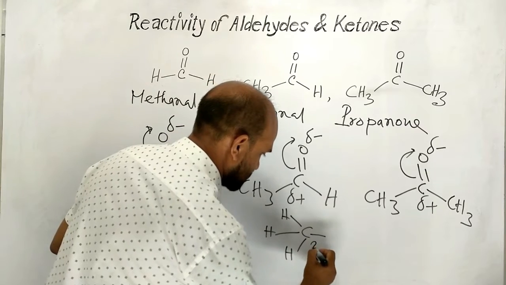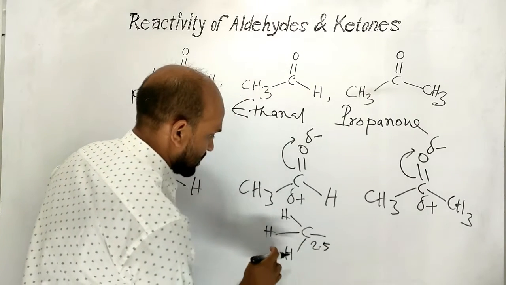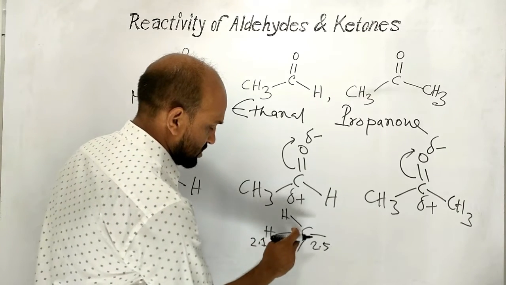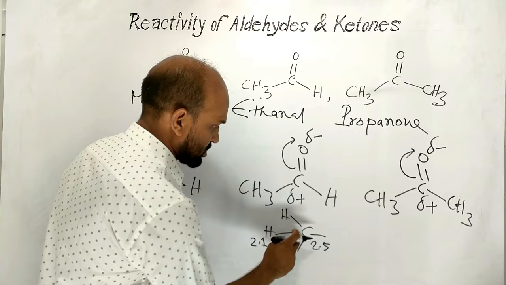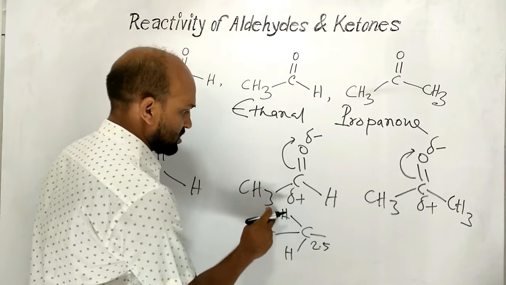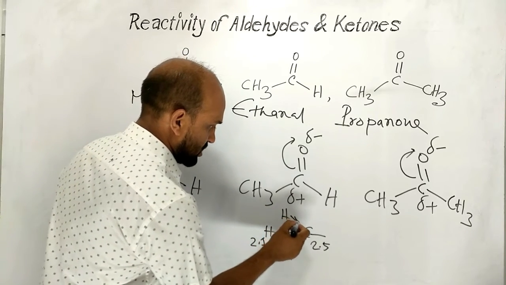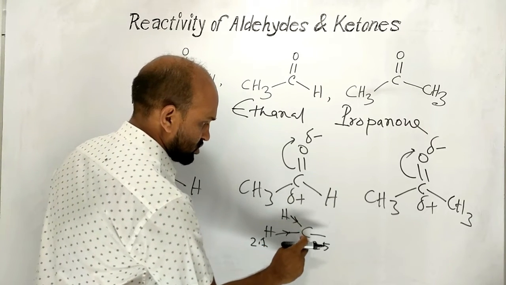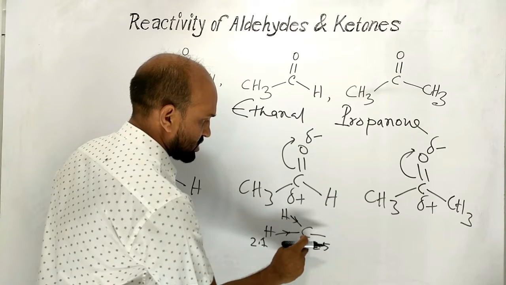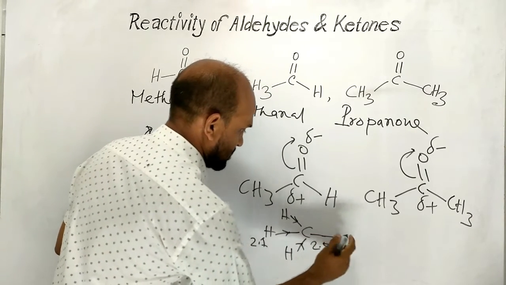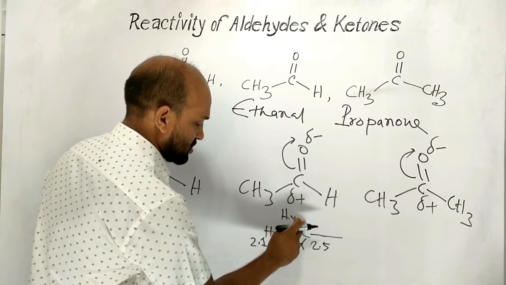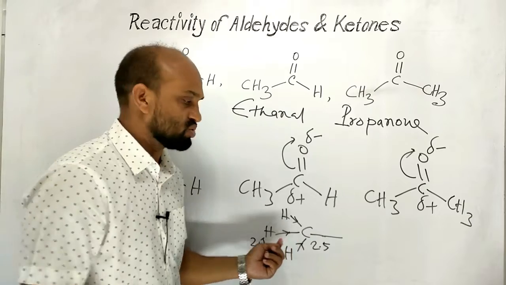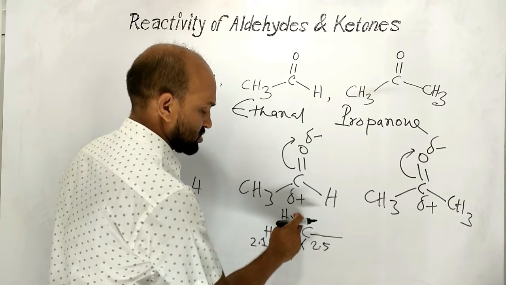Electronegativity of carbon is 2.5 and hydrogen is 2.1. Because of the slightly higher electronegativity of carbon than hydrogen, these covalently bonded electrons move towards carbon. But this is the carbon which does not possess high nuclear capacity to hold these additional electrons.